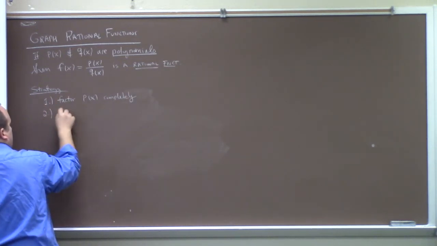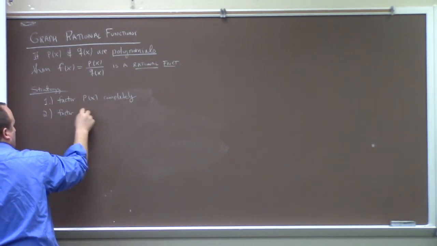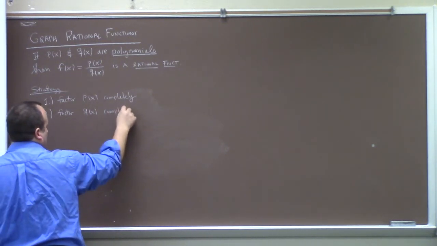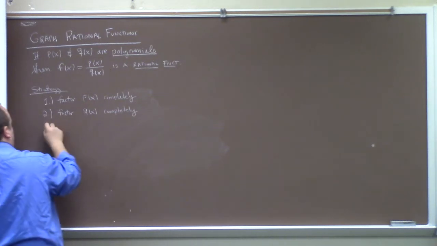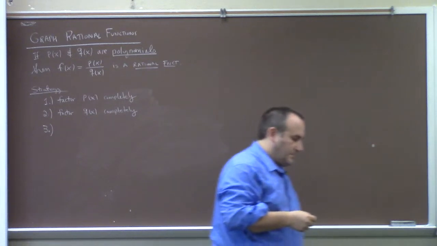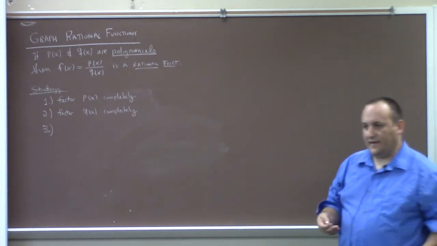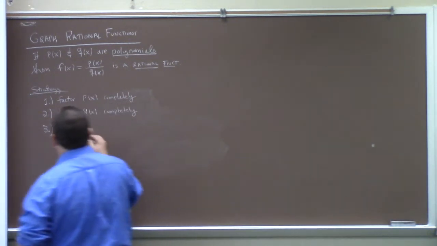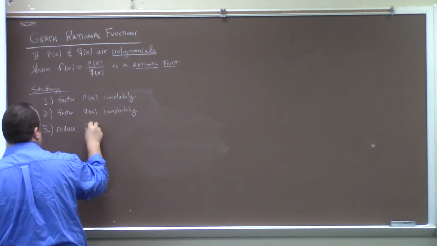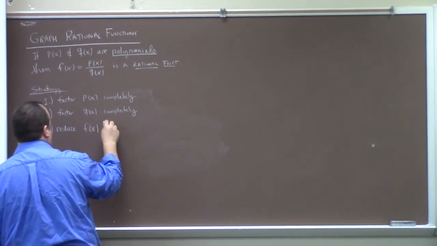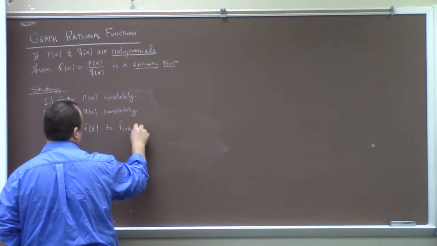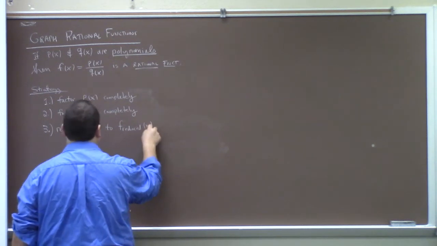Number two, factor q of x completely. And number three, collect like factors. You can reduce f of x to f reduced of x by canceling factors.